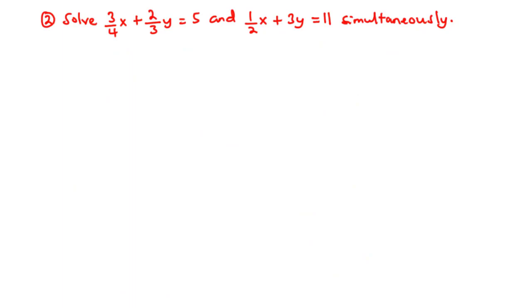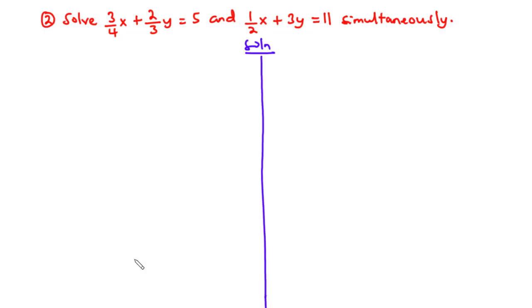So now let's solve an example involving fractions. Question 2. Solve 3 over 4 x plus 2 over 3 y equals 5, and then 1 over 2 x plus 3y equals 11 simultaneously. So we can either use any of the two methods, the method of elimination, or better still, the method of substitution.